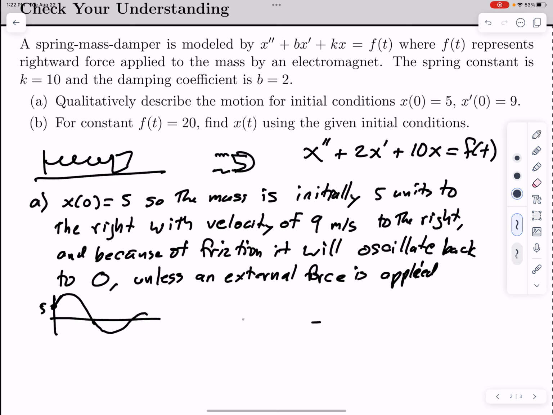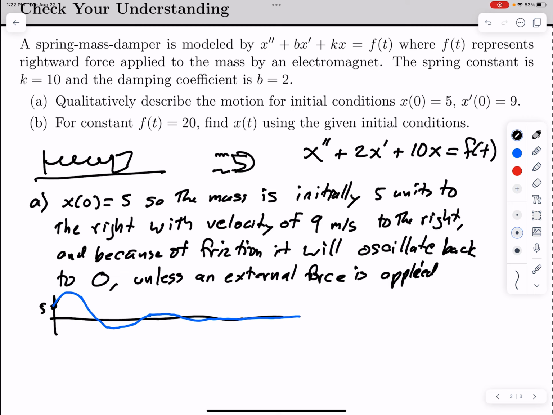Let me try that one more time. Let me do it with 2 different colors here. Something kind of like that.